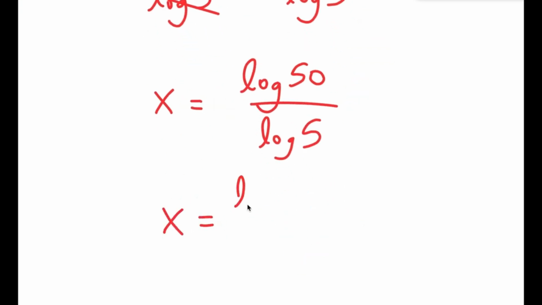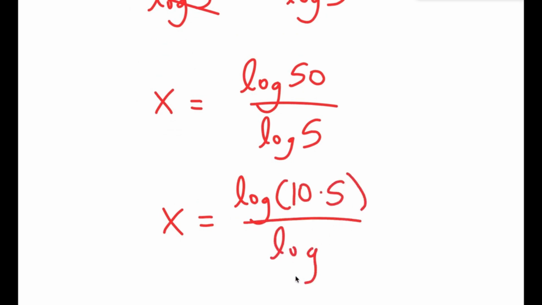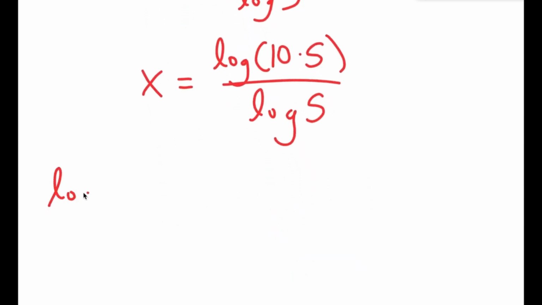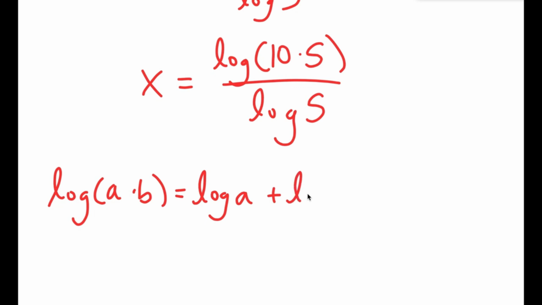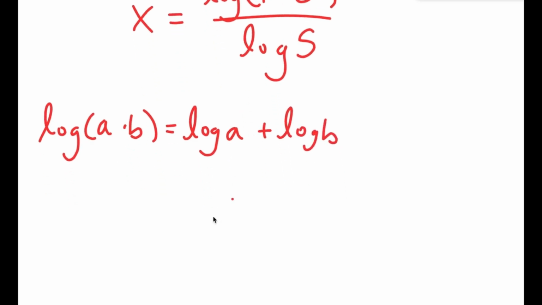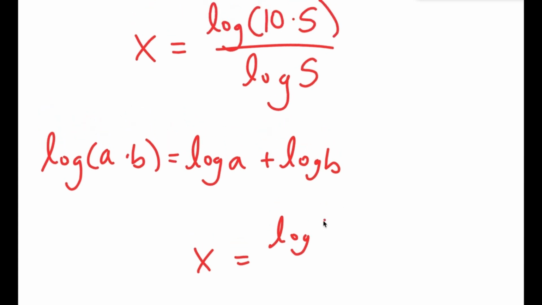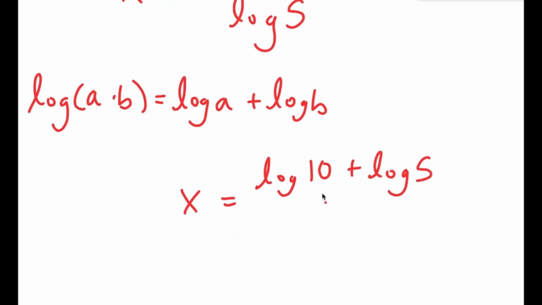Now I'm going to rewrite this as log of 10 times 5 over log of 5. And if I have something in the form log a times b, this is equal to log a plus log b. So this turns into x is equal to log of 10 plus log of 5, and I have this over log of 5.